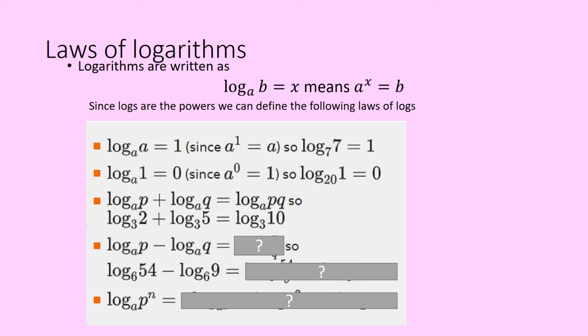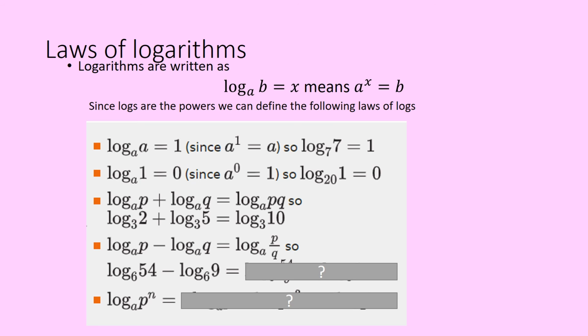So with addition, it became multiplication. So subtraction would become division. So log base a of p subtract log base a of q would become log base a of p divided by q. Okay, so log base 6 of 54 subtract log base 6 of 9.